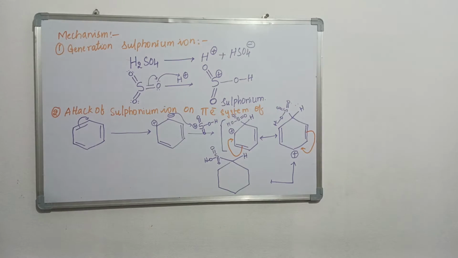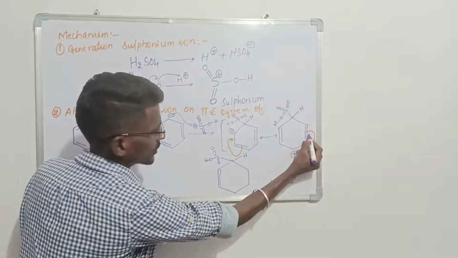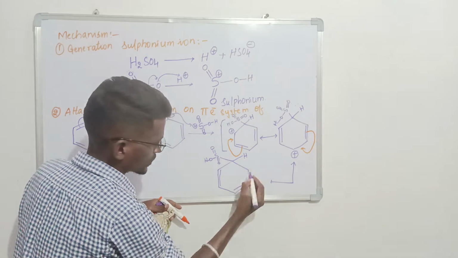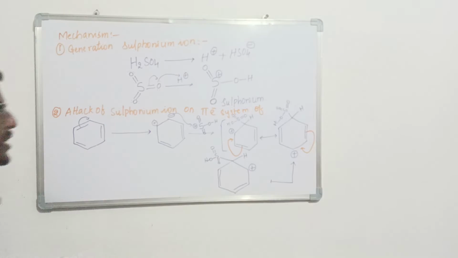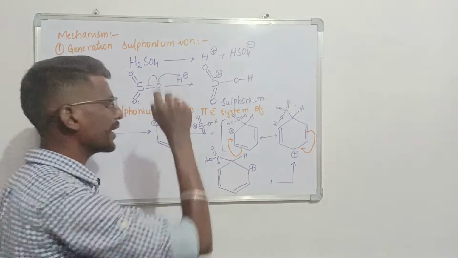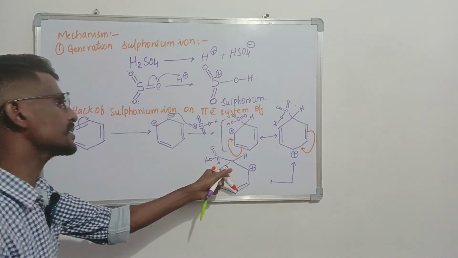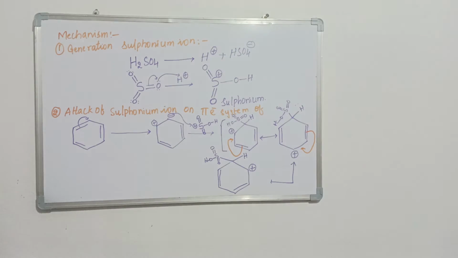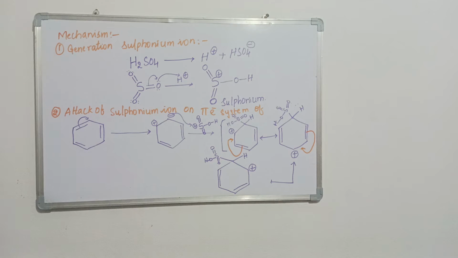The double bond system stays the same, and these electrons are shifted towards itself, so this carbon gets a positive charge. Then, to regain aromaticity, the benzene is ready to lose one proton, and that is the last step, and benzene sulfonic acid will be formed.